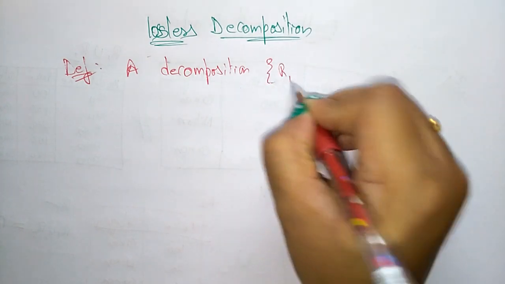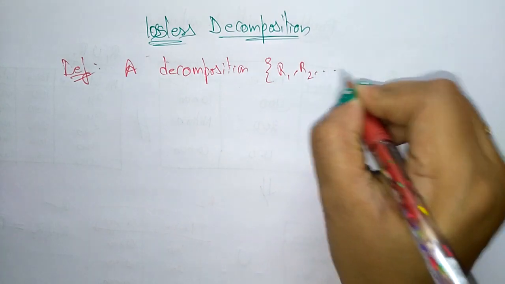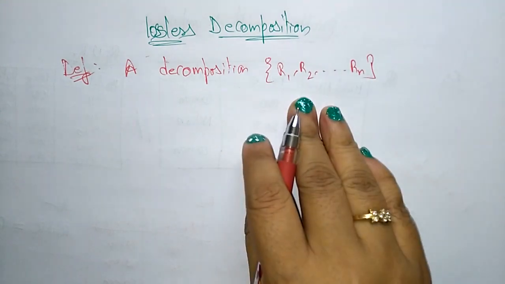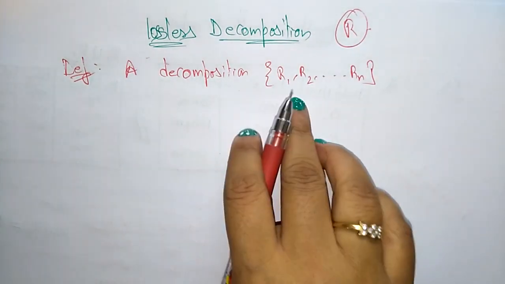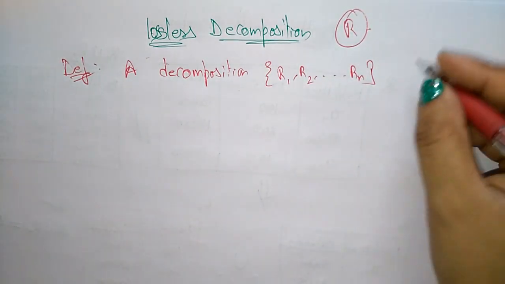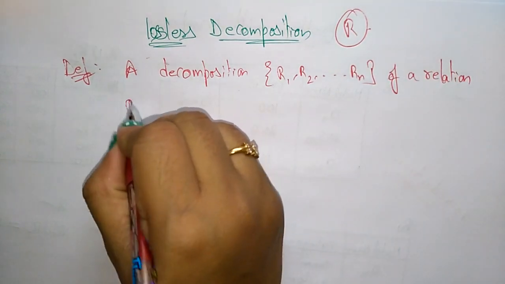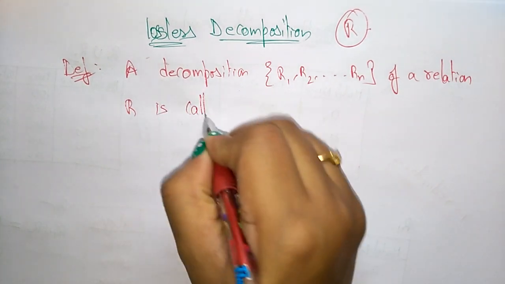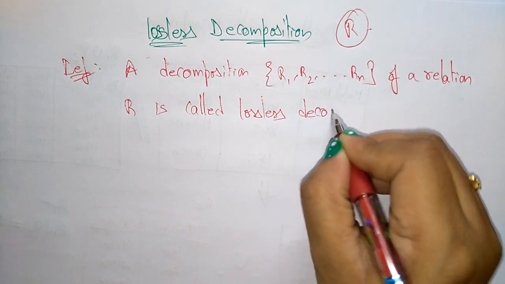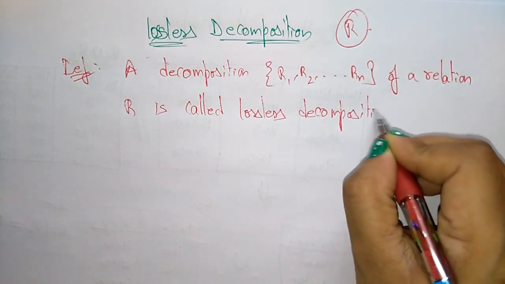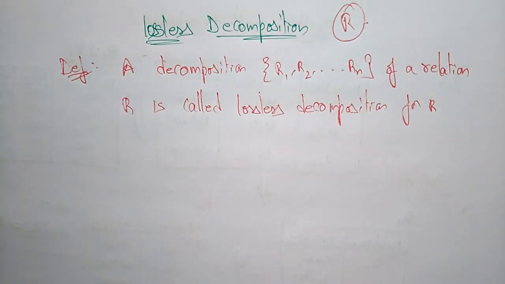Let us take a decomposition R1, R2 up to Rn of a relation R. These are the set of relations that are present in a relation R. A decomposition R1 up to Rn of a relation R is called a lossless decomposition for R.